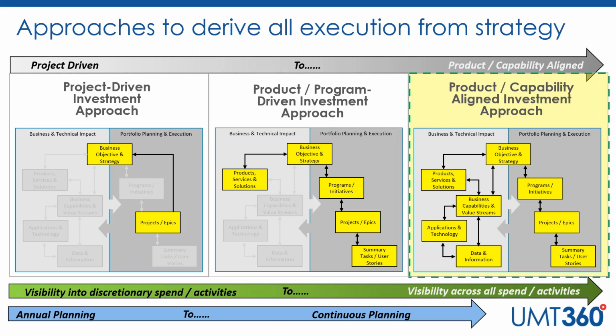And Vernon will talk more about these capabilities, applications, value streams, whatever they may be, products and services, right? So we now have a complete picture of our entire business. And we'll be talking more about this product aligned, capability aligned approach through the lens of business capability planning as we step through the next few slides.